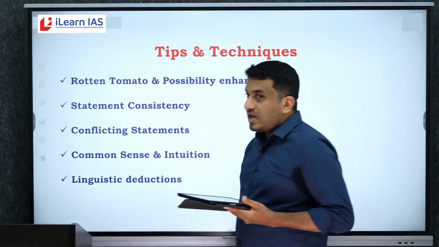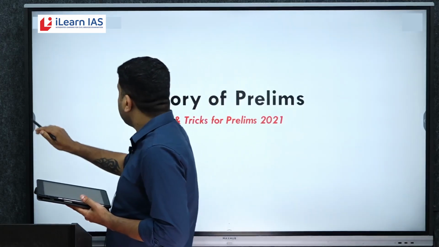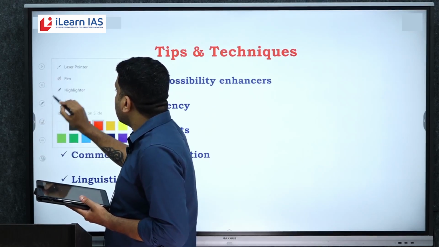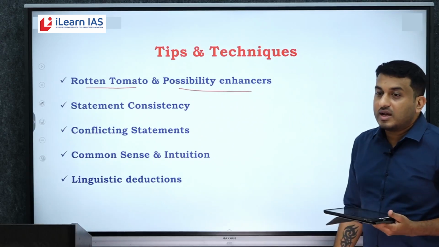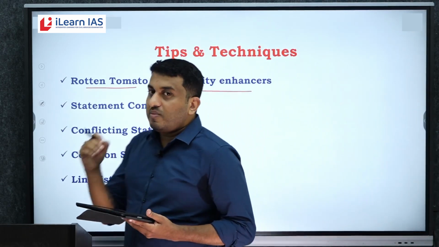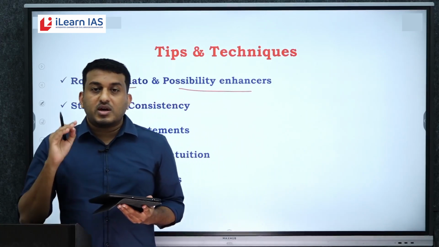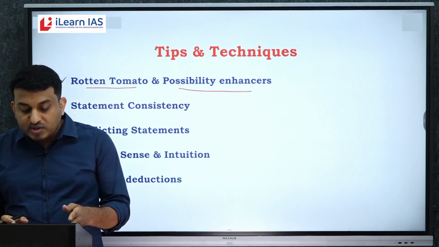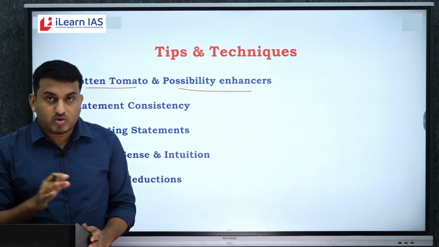Now one such extreme word is rotten tomato, and another word is possibility enhancer. So what is actually rotten tomato? Carefully understand what I am saying. Rotten tomatoes are extreme words used by the examiner to make a statement completely wrong.